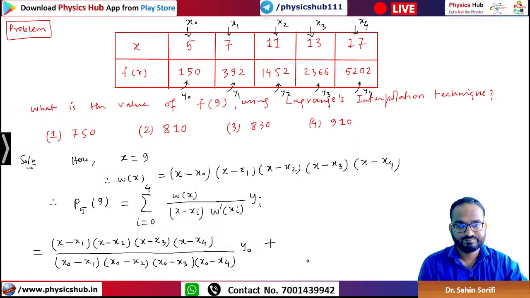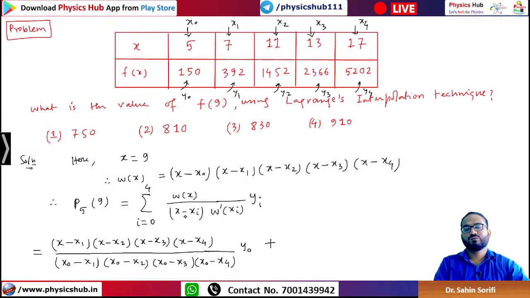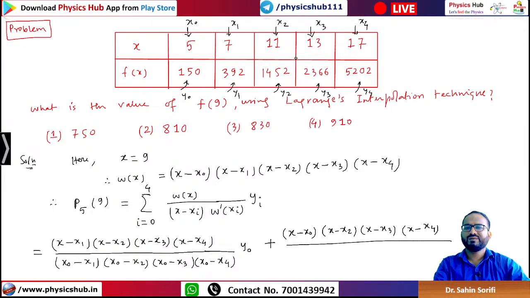into y0, plus, for i equals 1, in the denominator x minus x1 will not be there, so (x minus x0)(x minus x2)(x minus x3)(x minus x4). Look, in your examination they may not give you 5 values, they may give you 2-3 values, so the calculation will reduce proportionally.